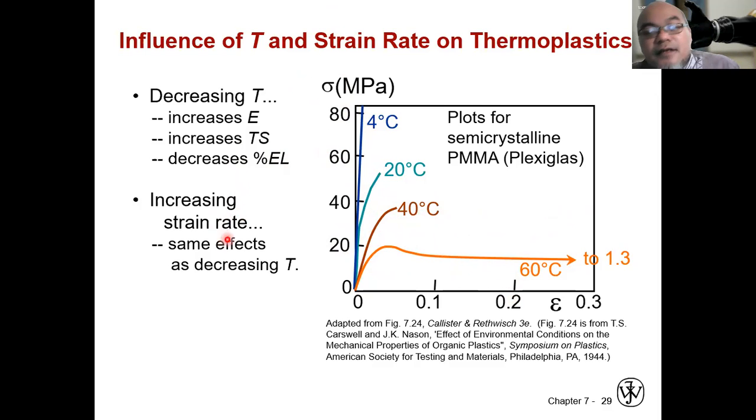Increasing the strain rate will have the same effect as decreasing the temperature. So this is how we can modify the mechanical property of a material based on its processing parameters, in this case adjusting the temperature as well as the strain rate.